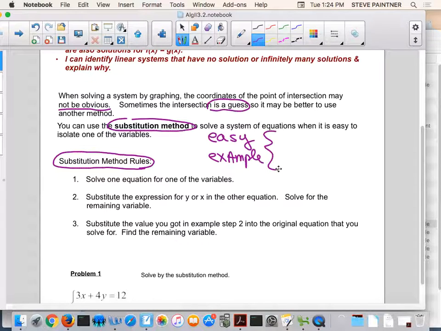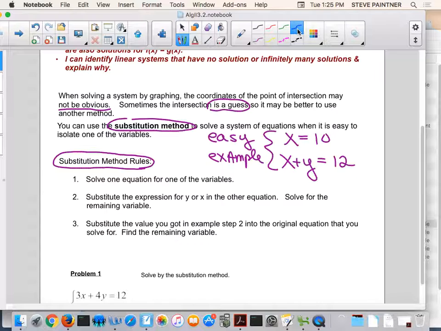If I say here's your first equation, x equals 10, and the other equation is x plus y equals 12, what's the solution to this system? Put 10 in for x. Most of you are looking at this right now going, wait a minute, you already know what x is.